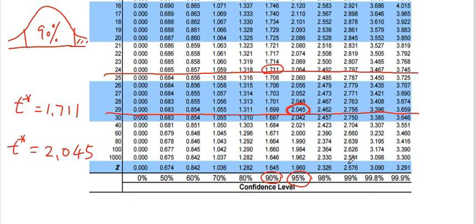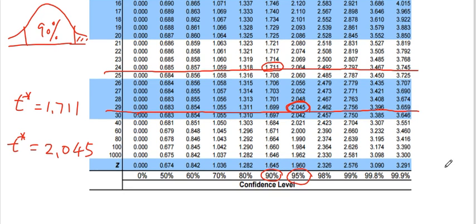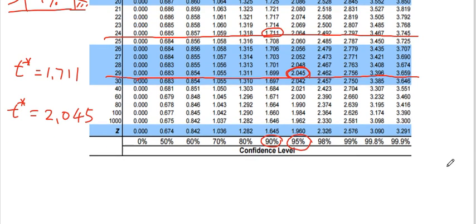So confidence level 95 means the outside is 5%. So this is the cutoff point. So this two tail is 5%, right? Two tail 0.05.